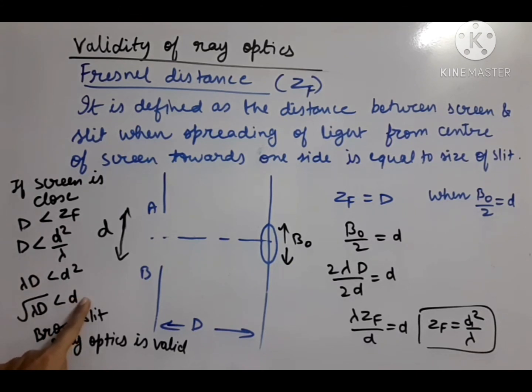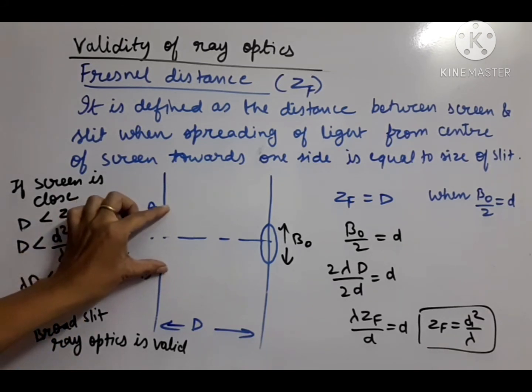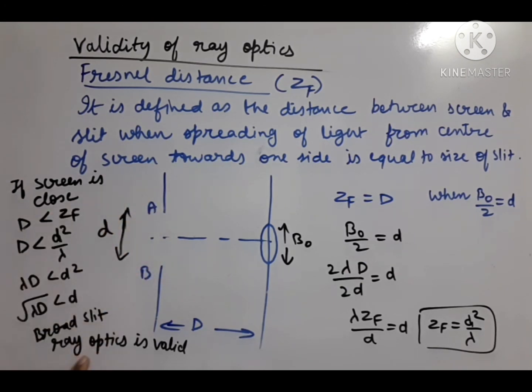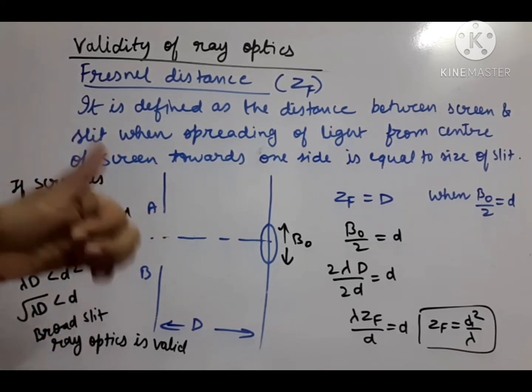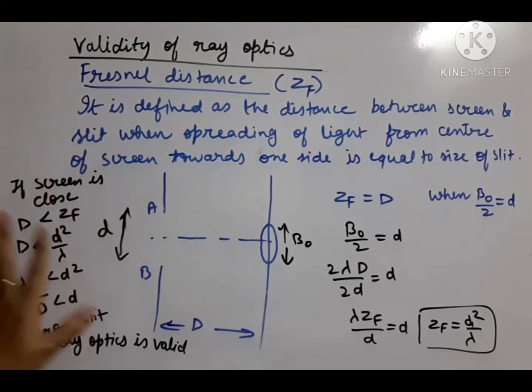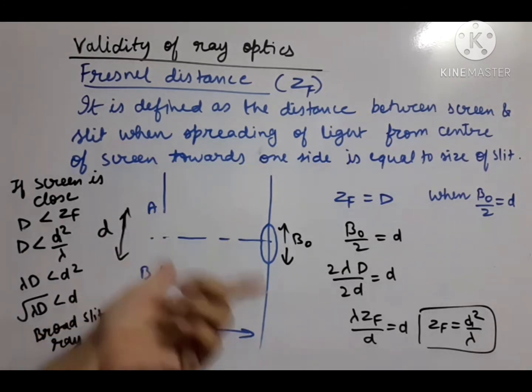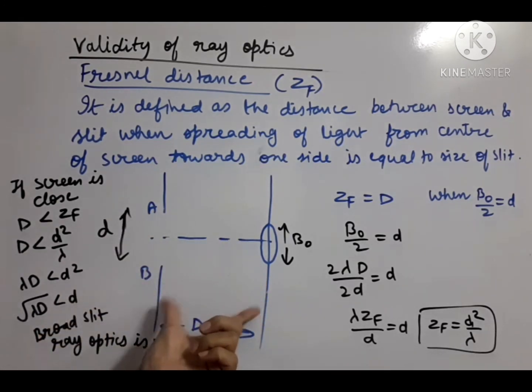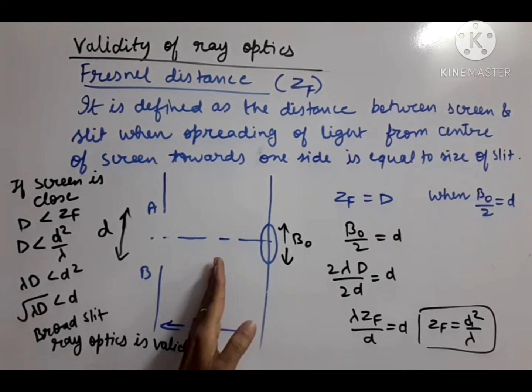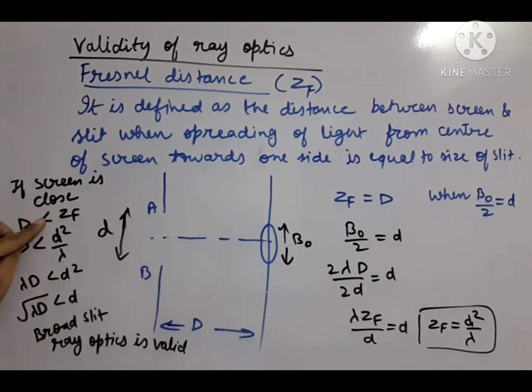That means the size of the slit is greater than root lambda D term. So if the size is greater, it will be considered a broader slit. If this is a broader slit, then ray optics is valid. If it is a narrow slit, then wave optics. But just now what I told you, ray optics will be valid when the screen is very close, D is less.